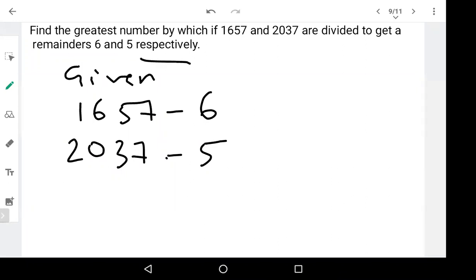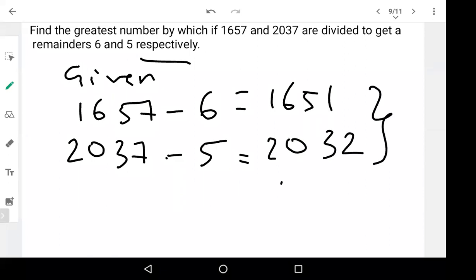Respectively means 1657 minus 6, 2037 minus 5. Now what are the answers you get here? 1657 minus 6 will give you 1651, and 2037 minus 5 will give you 2032. Now find the HCF of this.